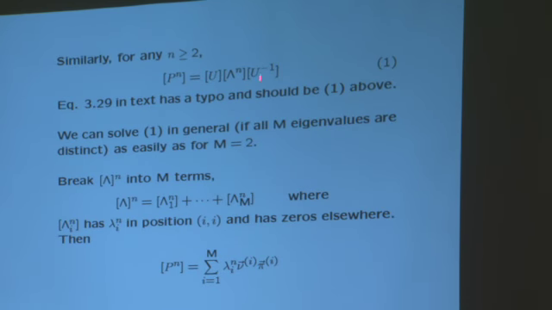So what that gives you is P to the n equals the sum over the number of states in the Markov chain of lambda sub i, the ith eigenvalue to the nth power, times nu to the i times pi to the i. Pi to the i is the ith left eigenvector of P. Nu to the i is the ith right eigenvector of P. They have nothing to do with n.